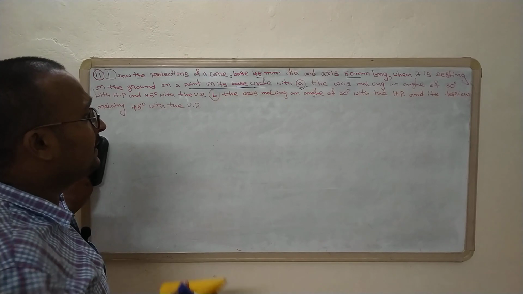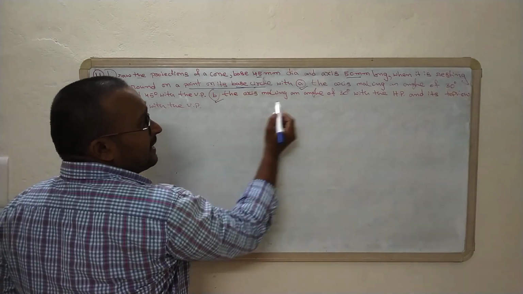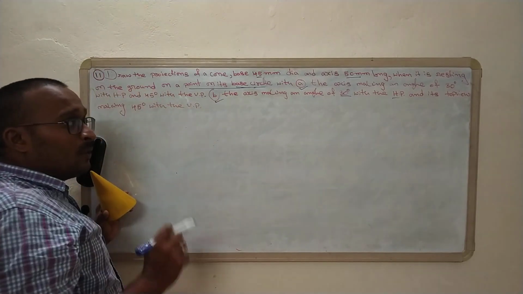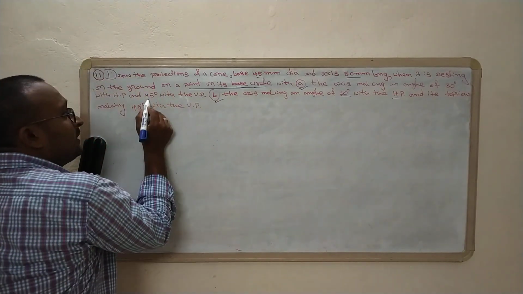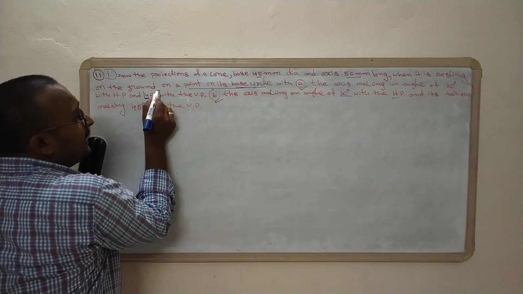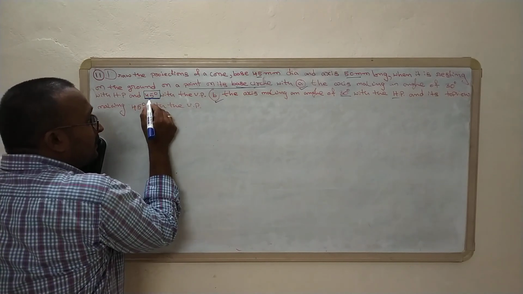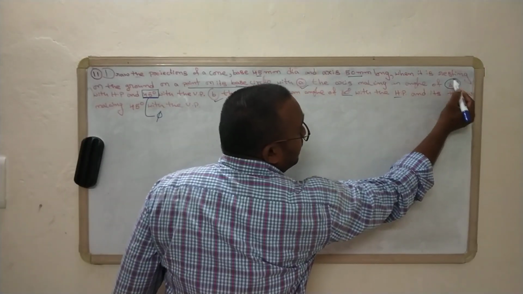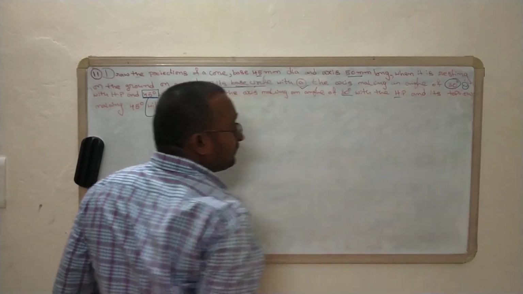Then the second condition is the axis making an angle of 30 degrees with HP and its top view making an angle with the XY line. Here there is a small difference. Here the axis has an inclination of 45 degrees with VP. That means phi, and here this is theta.